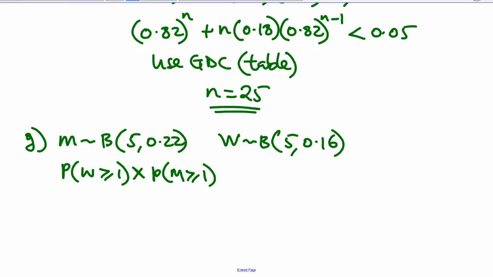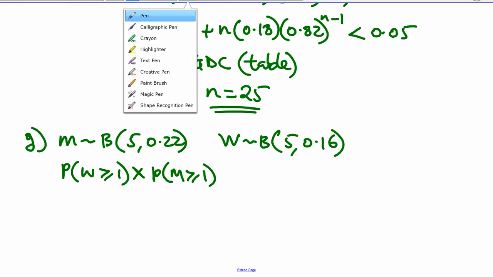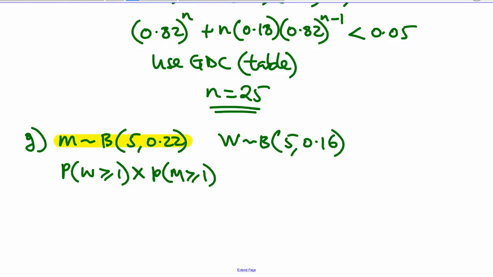So all you have to do is plug this into your calculator separately. Remember, you have two distributions, that and that. Those are the parameters. You're going to have to work them out separately, and then you multiply your answers.